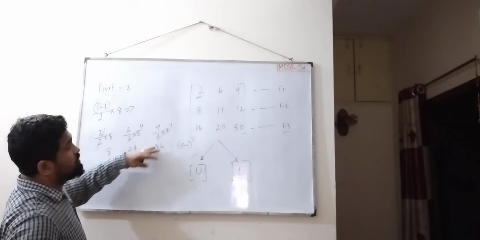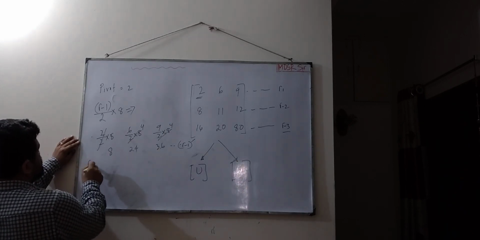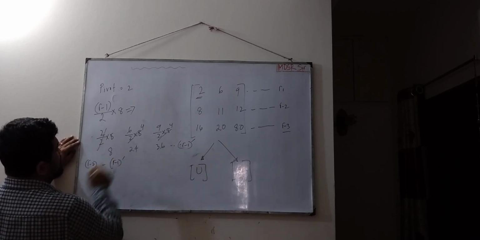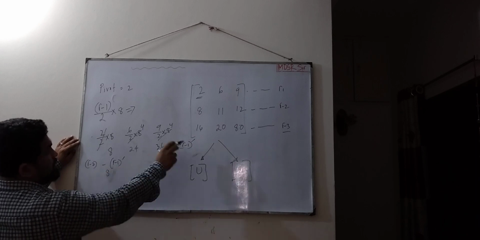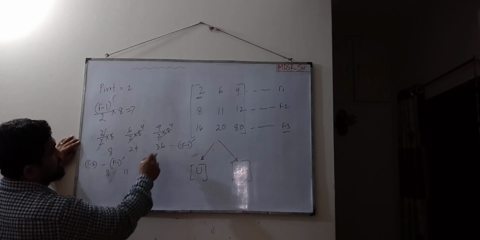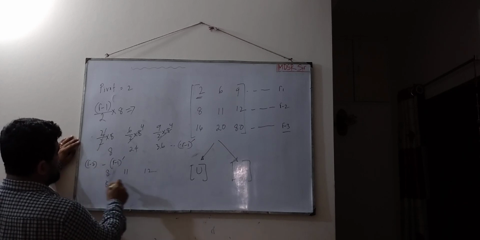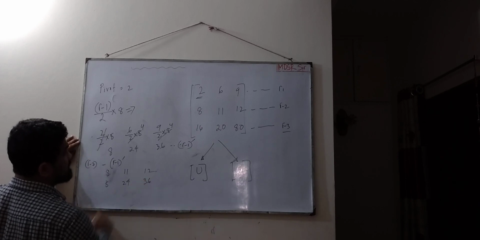To eliminate this element, we subtract row 1 prime from row 2. Row 2 is 8, 11, 12, and row 1 prime is 8, 24, 36.